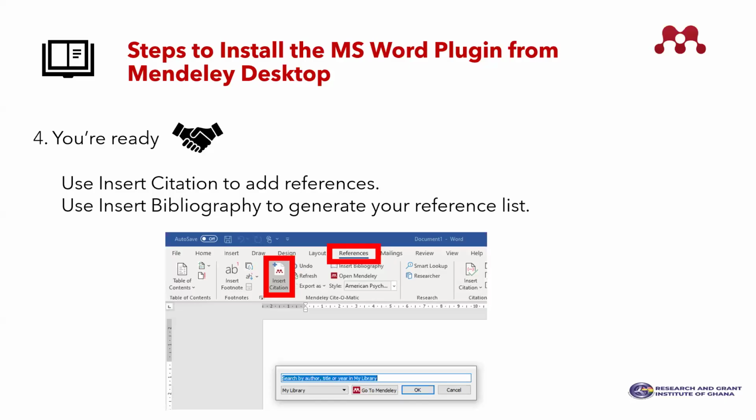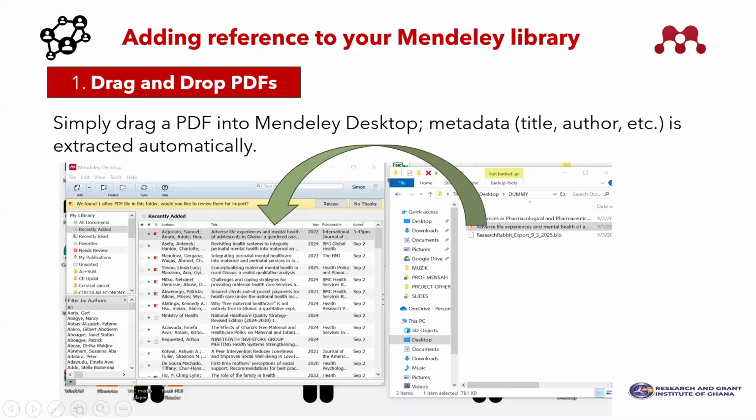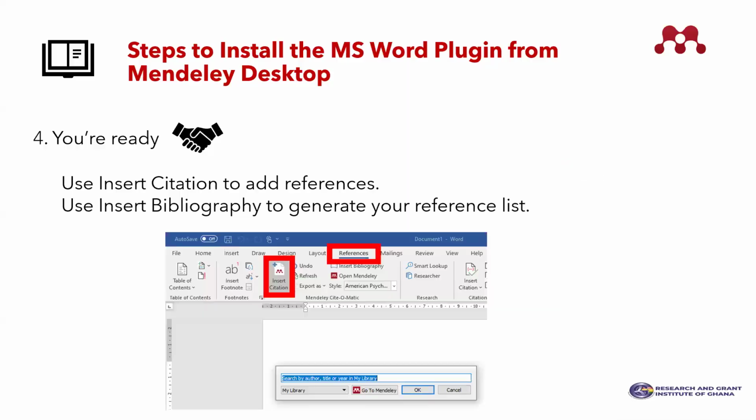So the Mendeley Cite-O-Matic is done. That's fine. It means that you are ready to ref your papers, your articles, or your thesis or manuscripts. So no more manual referencing again. Okay, so if you are done, let me know.